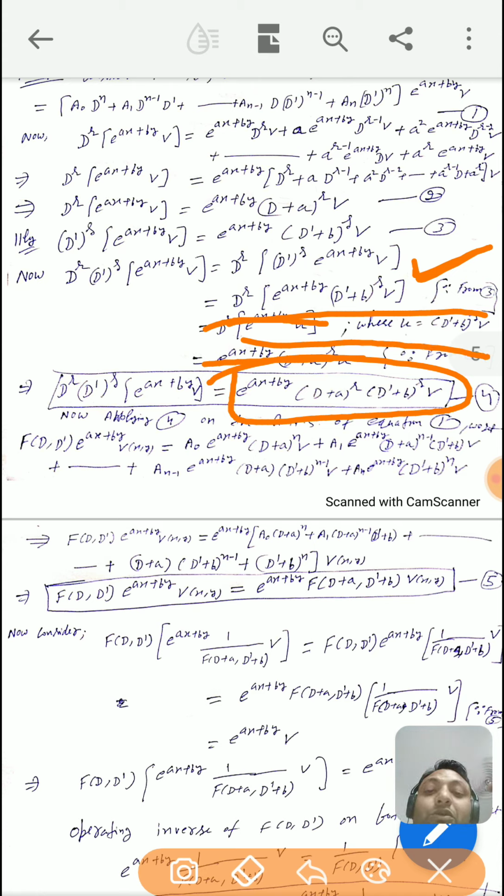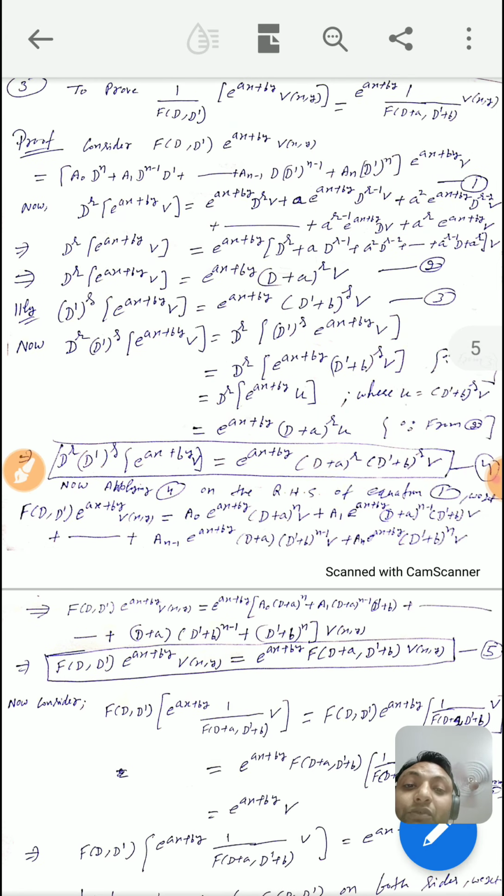When we apply d power r on this result and take e power ax plus by outside, then we replace d by d plus a. Finally you will get this result. So it means that d power r d dash power s operating on e power ax plus by into b is equal to e power ax plus by into d plus a power r d dash plus b power s into b.